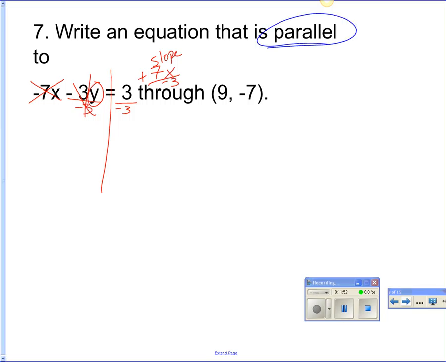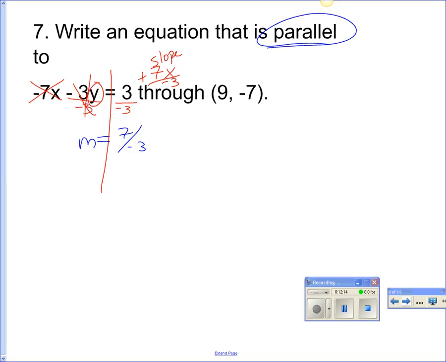Elizabeth, what does parallel mean to do? Same slope or flip and change? All right, so what did we say the slope was? So that's going to stay the same, 7 over negative 3. You can put the negative on top or bottom. It doesn't matter, okay? So my slope is 7 over negative 3.